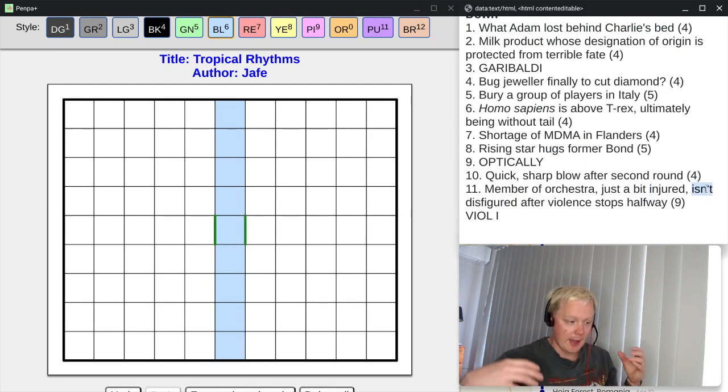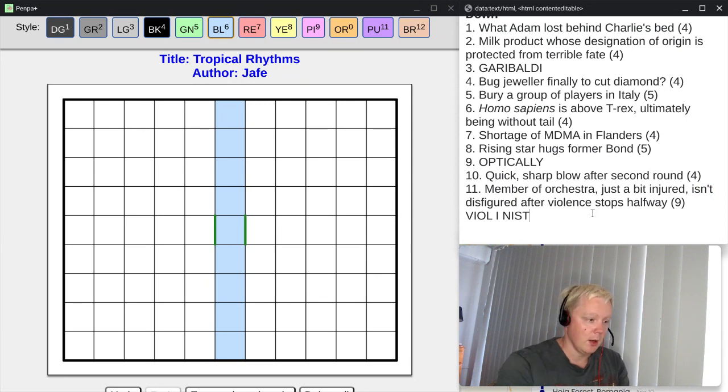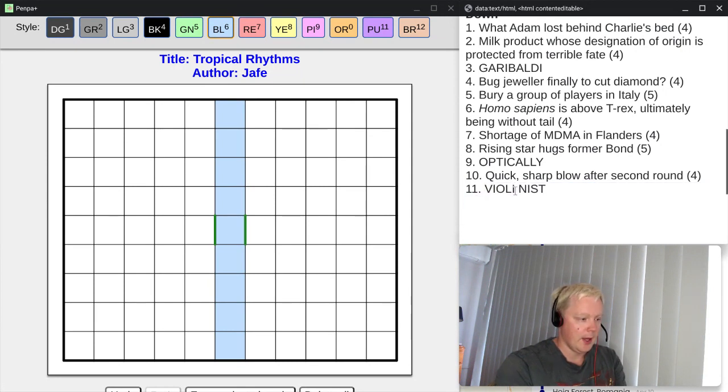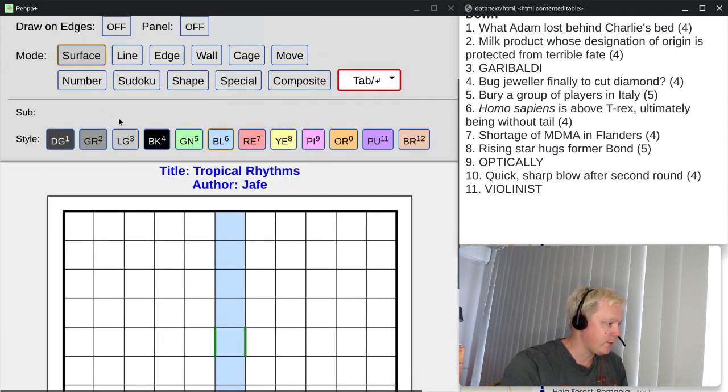We disfigure, we anagram, we mix up this word isn't, and we get nist. And violinist is a member of an orchestra. And we also see that violinist also doesn't have a G, so it can't go in the middle because it would need to cross with the word unforgiving at the G. So in fact, the only option for this word is Garibaldi, and we can write that in.